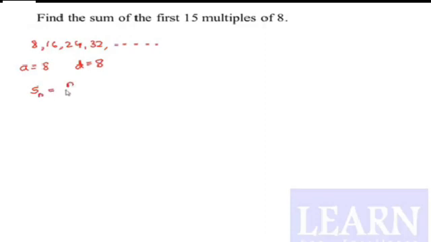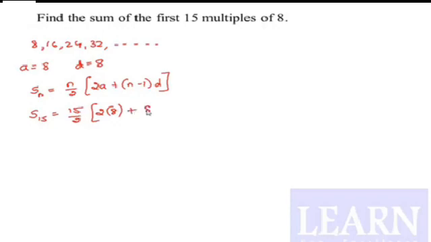The sum formula is Sn is equal to n by 2 into 2a plus (n minus 1) into d. What is the value of Sn? S15 is equal to 15 by 2 into 2 into a, that is 2 into 8, plus, sorry, n is 15, 15 minus 1 into d, d is 8.